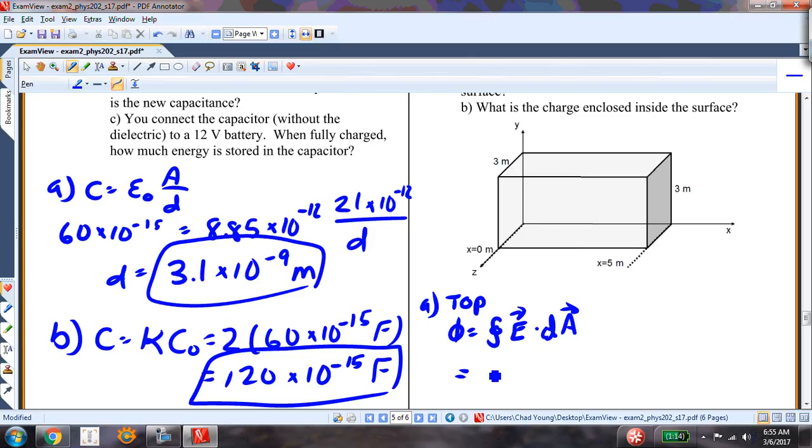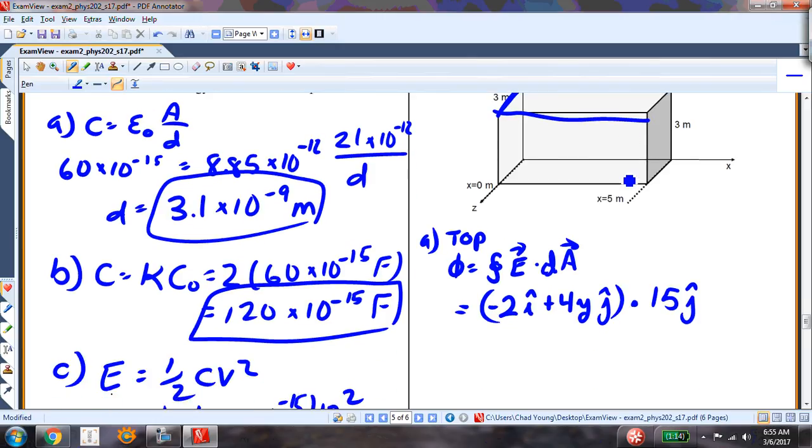So that is negative 2i plus 4yj dotted with 15j. Because on the top, that is 3 times 5. That is my area. And that gives me 60y. Because the only thing that contributes to that dot product is this.